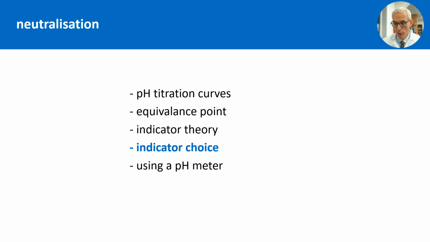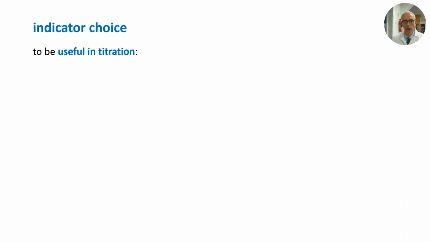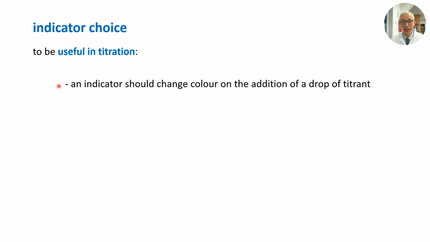Indicator choice for particular types of titration. Indicator choice depends on making sure that the indicator is useful in a particular titration. And to be useful, an indicator needs to change color on the addition of a drop or one or two drops of titrant.